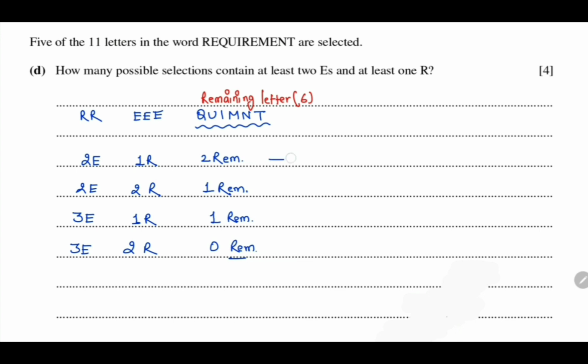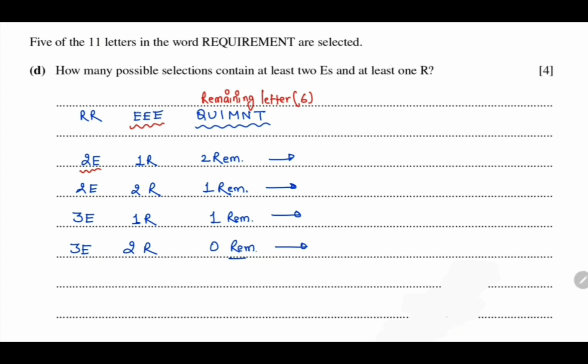Now, I have to select 2 E's and I am given how many? 3 E's. I am given 3 E's and I have to select 2 E's, but I will not write 3C2.